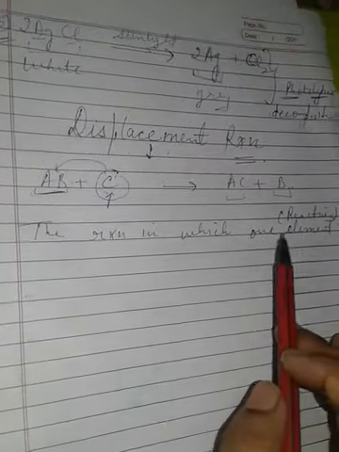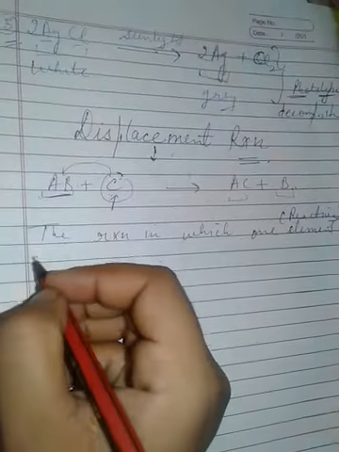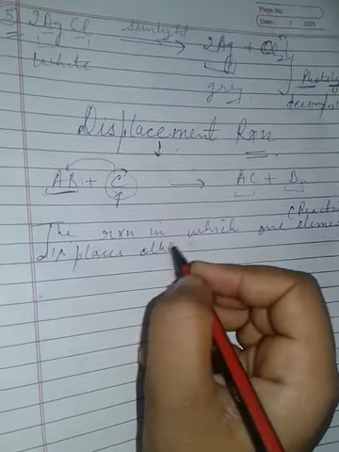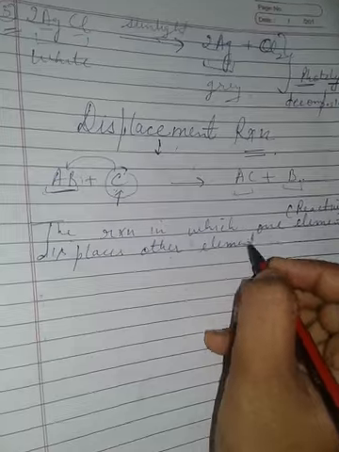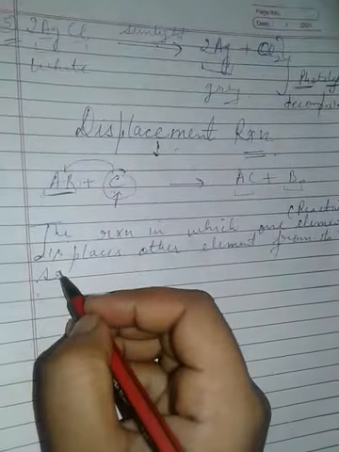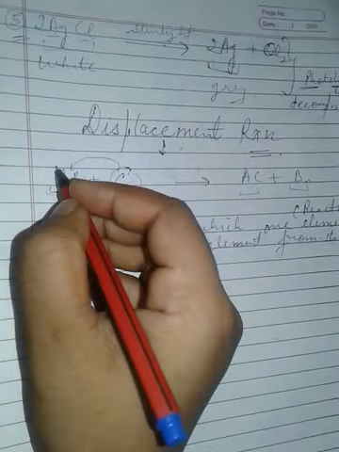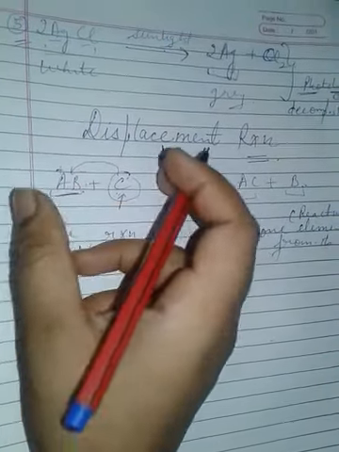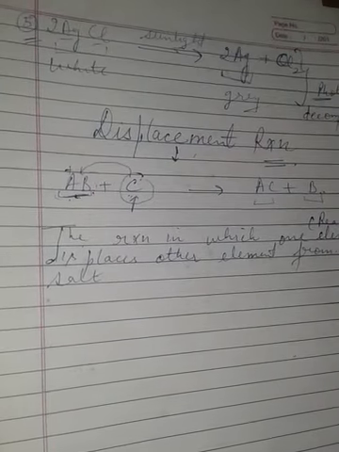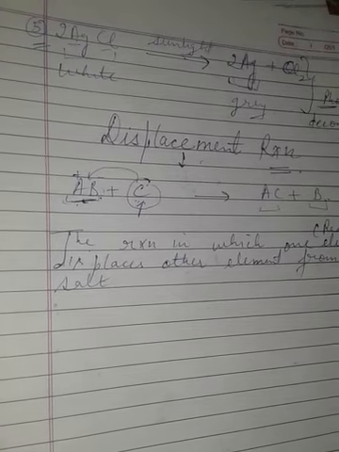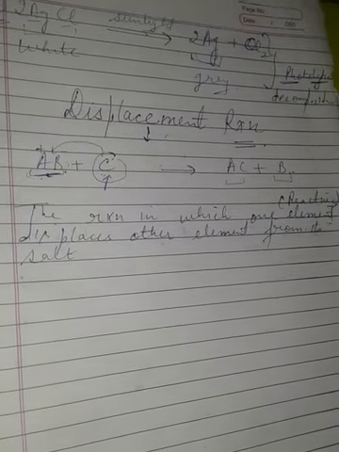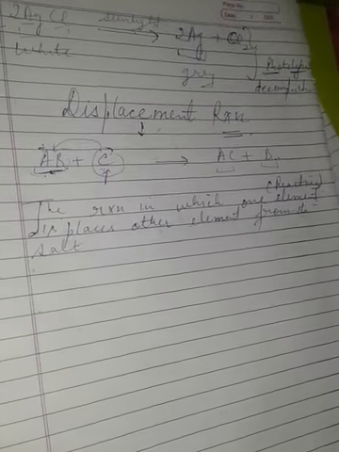The reaction in which one reactive element displaces another element from its salt. So this was a salt, AB, positive and negative. Such a reaction in which one displaces the other is known as a displacement reaction. So let us learn it more by looking at some examples.